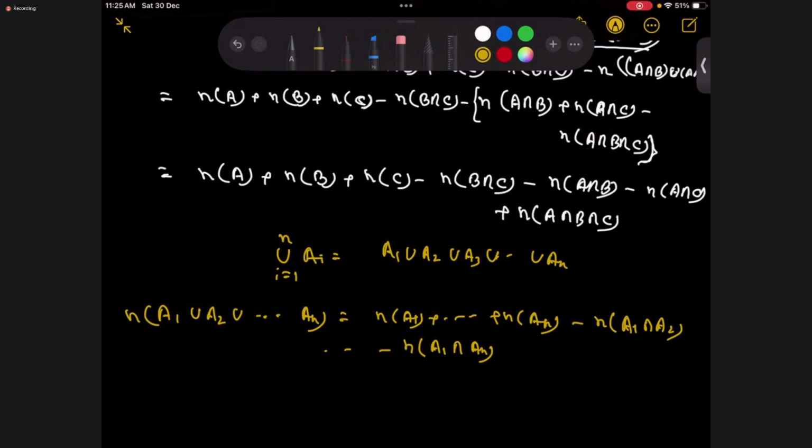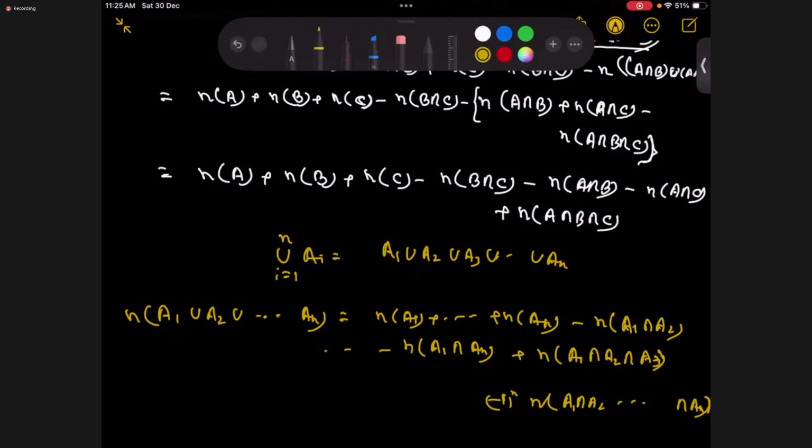Then we will add N of A1 intersection A2 intersection A3, and all these combinations of three elements, taking the intersection and adding all these numbers, and so on. We will repeat this process up to the cardinality of A1 intersection A2 intersection up to AN.